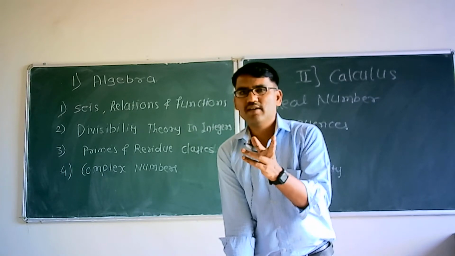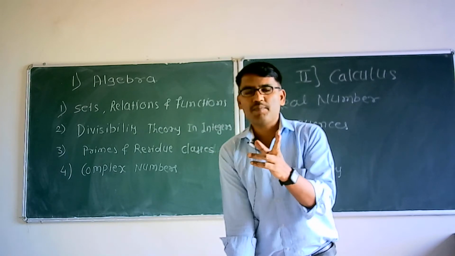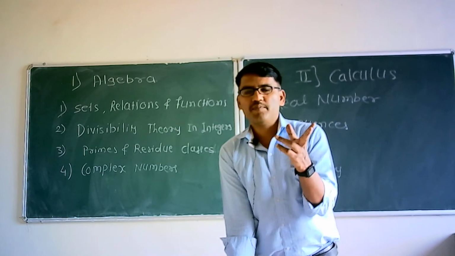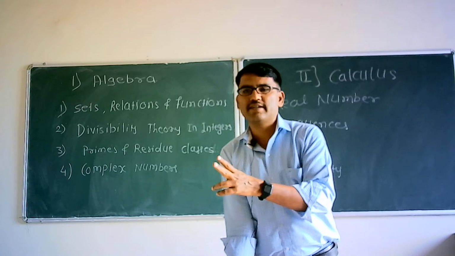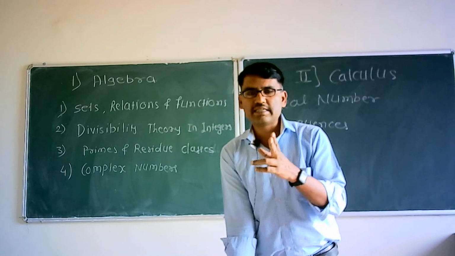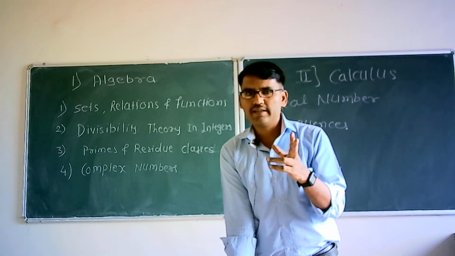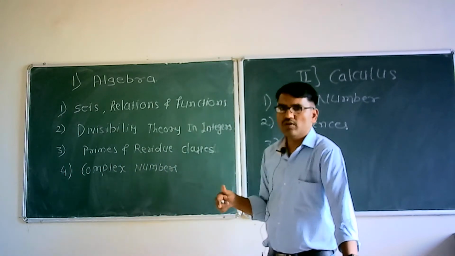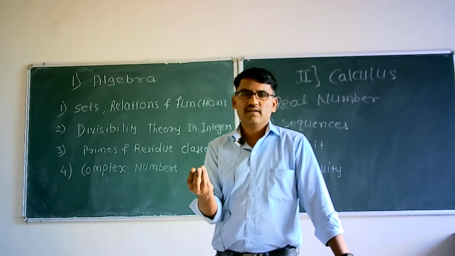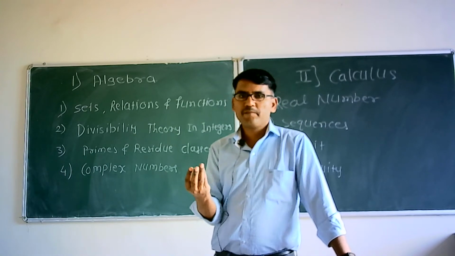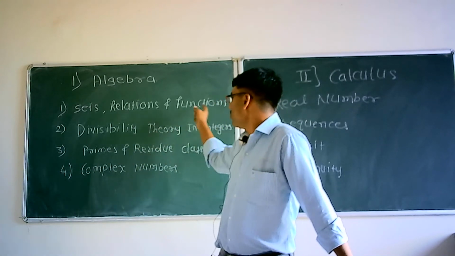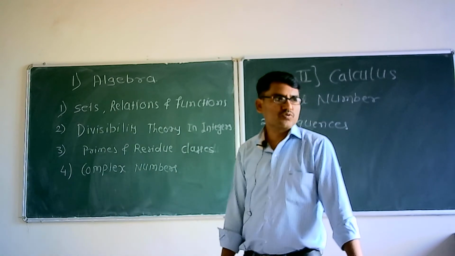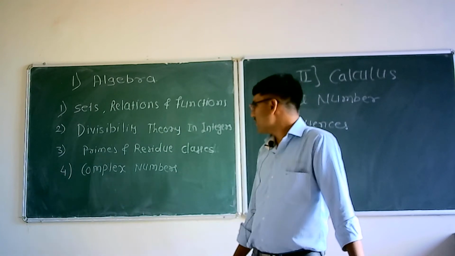For example, when we say a divides b, we can say that 2 divides 4 if 4 is a multiple of 2. And if a divides b and b divides c, then a divides c. Then there is GCD of integers, then LCM of integers. And there are two Euclidean theorems, the GCD theorem, that we are going to study in theory of integers. Now next, in the third chapter, we are going to study the prime and residue classes.